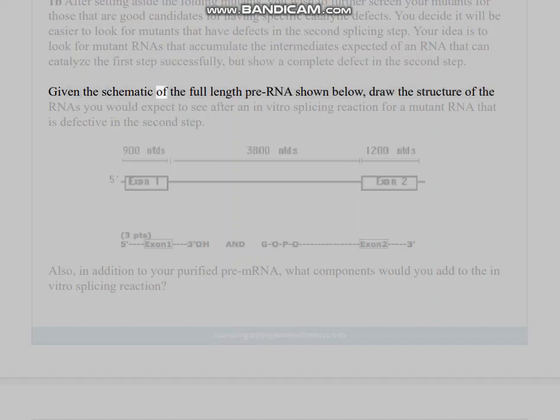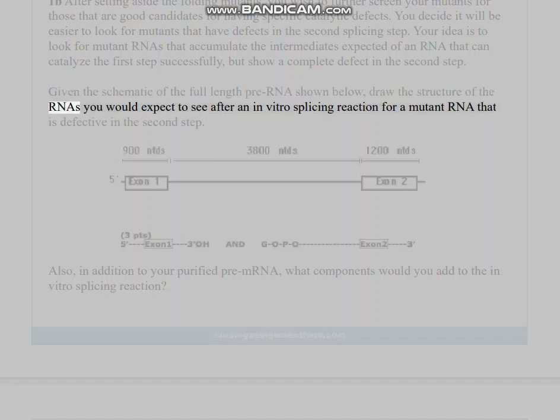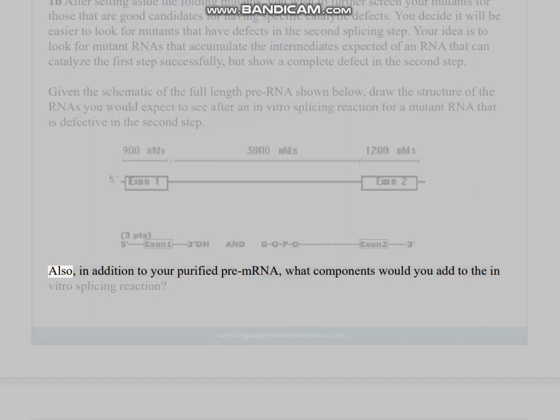Given the schematic of the full-length pre-RNA shown below, draw the structure of the RNAs you would expect to see after an in vitro splicing reaction for a mutant RNA that is defective in the second step. Also, in addition to your purified pre-mRNA, what components would you add to the in vitro splicing reaction?